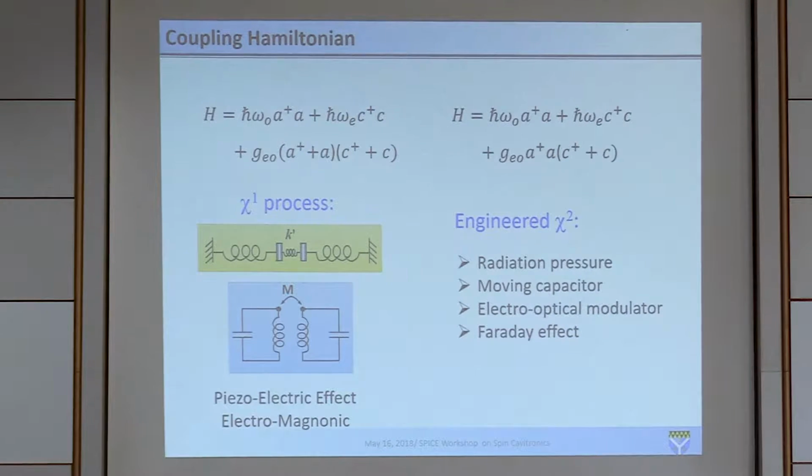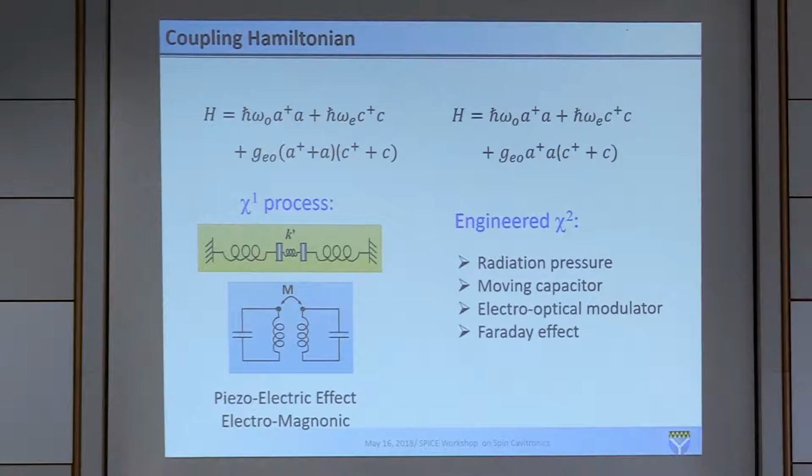So here are two different processes I'd like to discuss. Let's just look at two different modes, an A mode and a C mode. It could be any of these excitations: microwave photons, magnons, optical photons, and acoustic phonons. So A and C could be any two of them, and you want to couple them together. Their resonant frequencies could be the same.